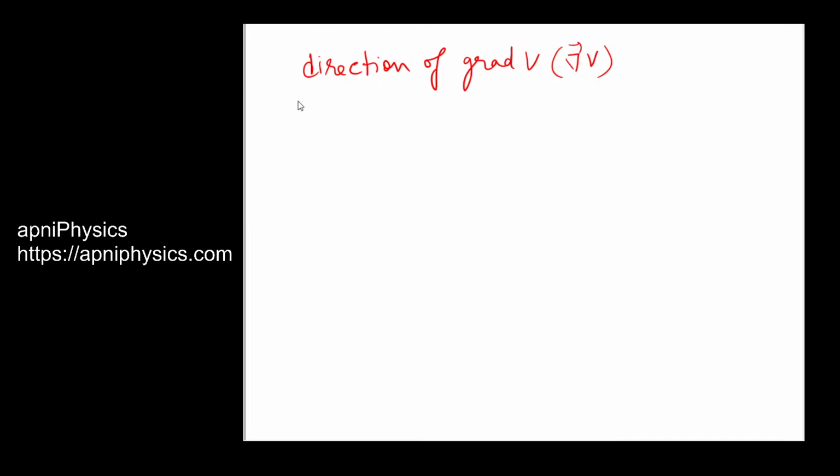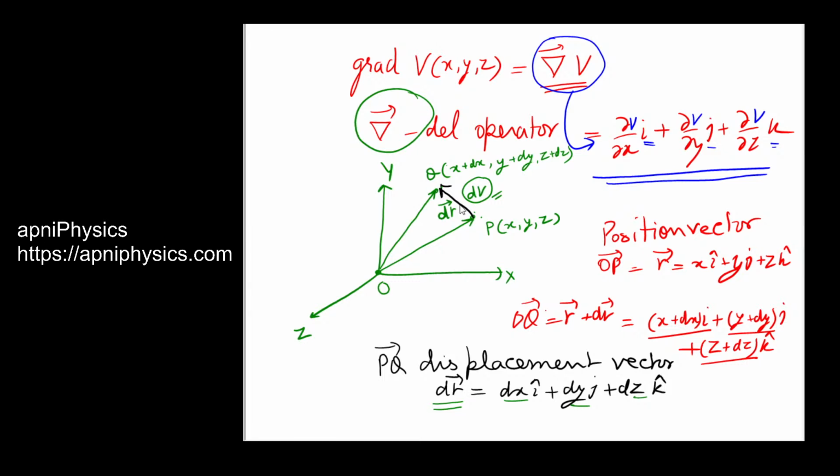For it we have to assume, let us suppose, a unit vector n in the direction of the displacement vector dr. You have seen here vector dr from this point P to point Q. In the same direction there is a unit vector n.